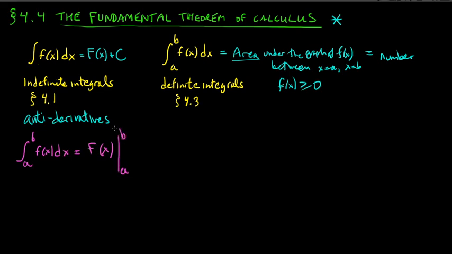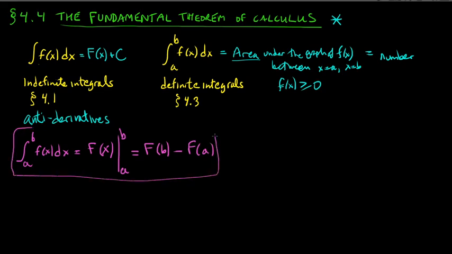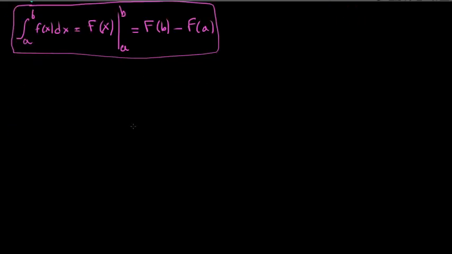So this vertical line just means I still have to plug in the b and the a here. It just means I'm going to plug in b first, then plug in a, then subtract those two numbers. Okay, so that's the fundamental theorem of calculus. Okay, so let's do some examples.